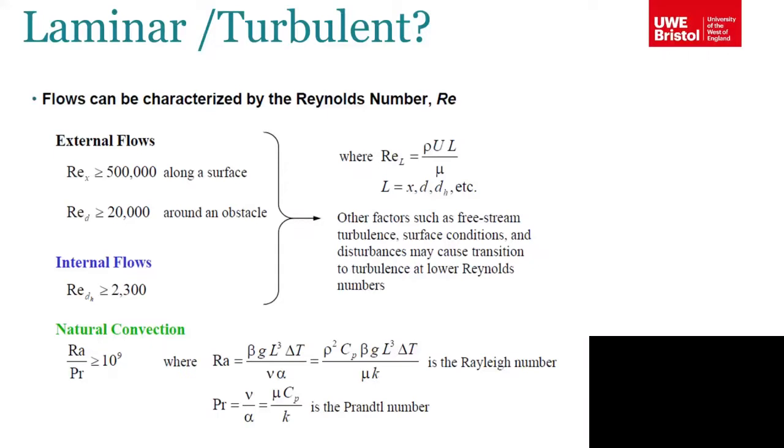What happens is you have a smooth flow over the plate, and then when you have an obstacle, the flow direction changes. Because of that change of direction, eddies will be created automatically. That's why the flow will become turbulent fairly quickly.